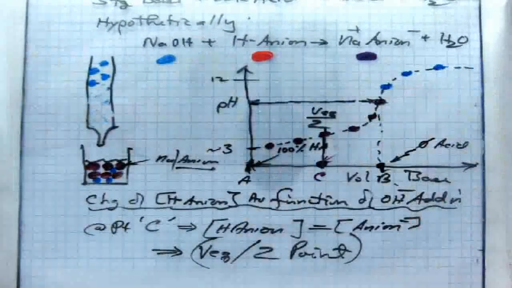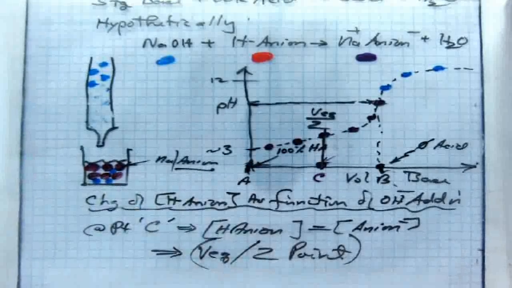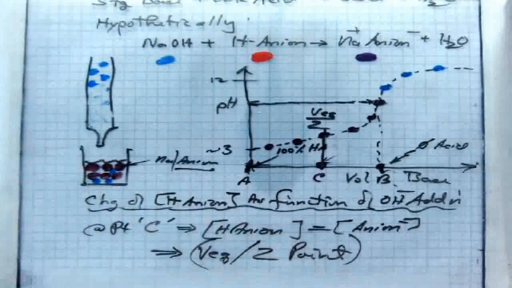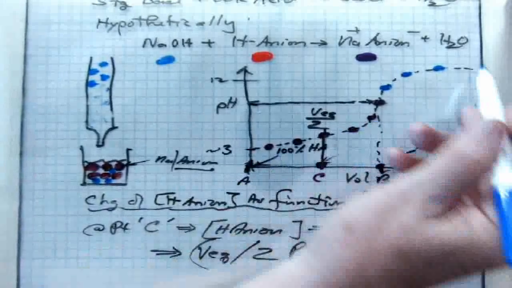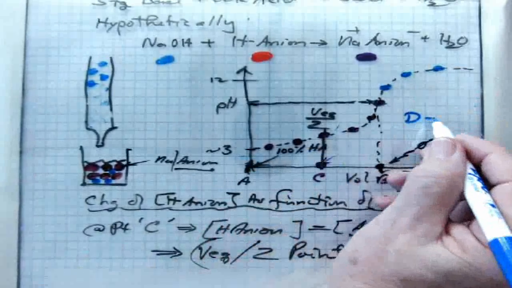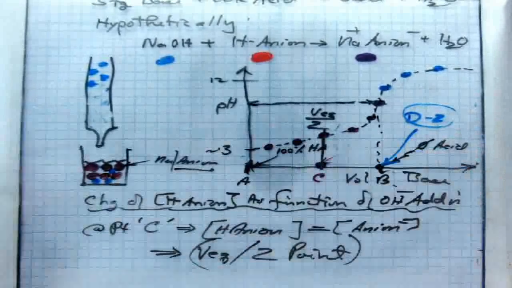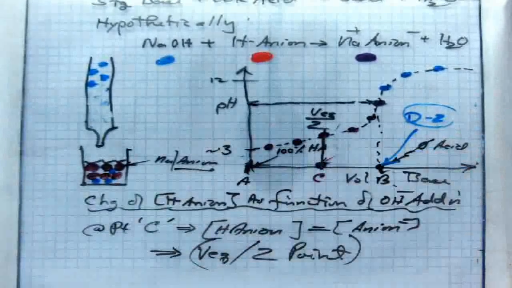The anion concentration, we'll just say this is A minus, and this is HA right there. So the VEQ over 2, I'll try to keep this visible, is right here at point C.